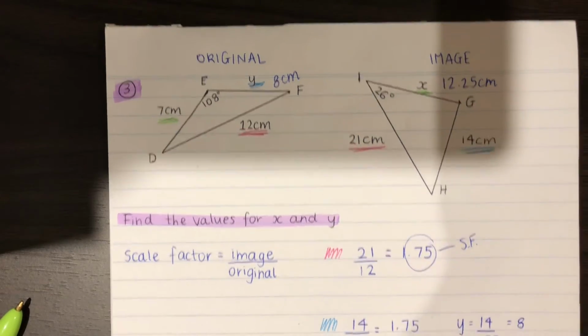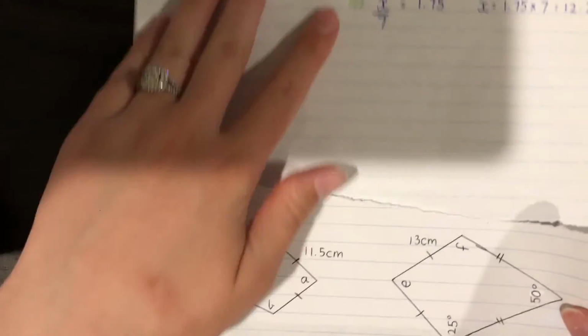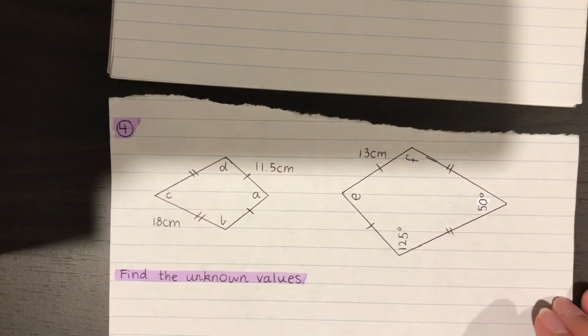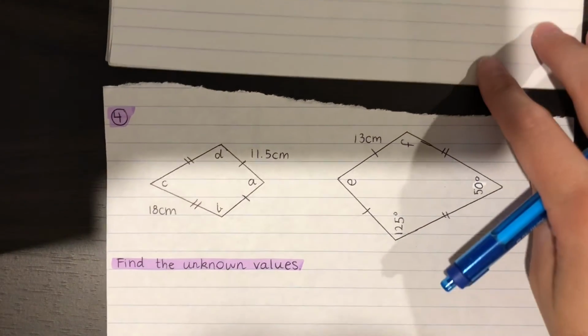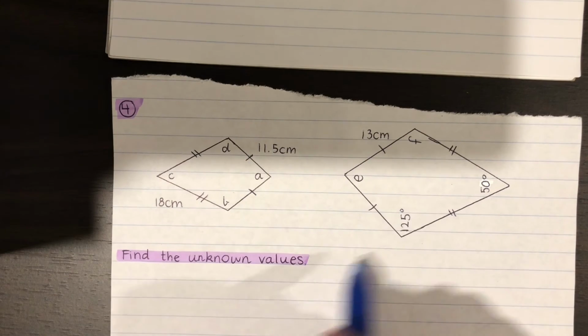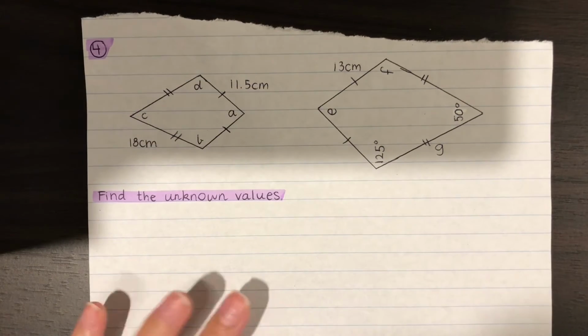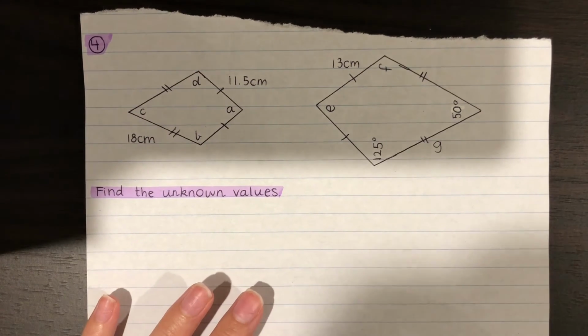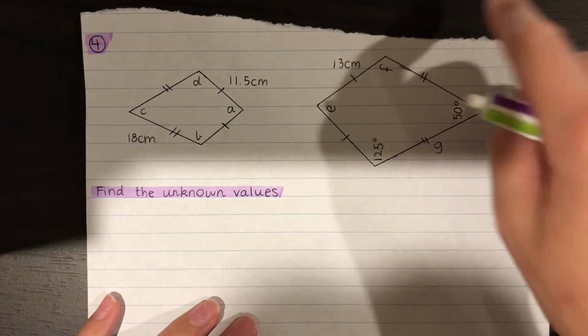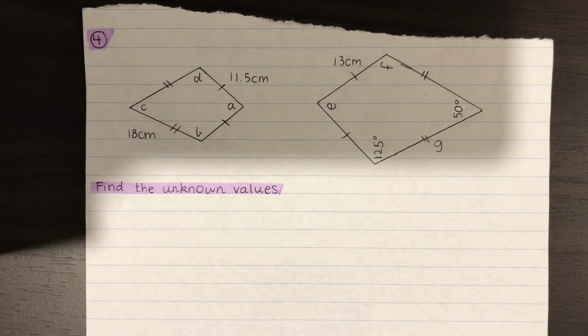And then lucky last, we're going to finish with 2 kites. So you're finding the unknown values, and this time we have a lot of unknown values to find. Now you need to line up which side belongs to which. The final question we're going to go through is finding unknown values between 2 similar figures that are in the shapes of a kite.